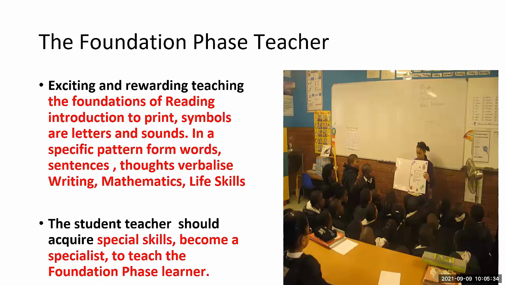The child will see symbols and we must make sure they understand that those symbols are letters and sounds. And eventually, if you put those symbols in a specific pattern, they will form words and they will form sentences. And we must make them realize, or we must train them to form thoughts in their heads, which they can eventually verbalize and then put into writing.